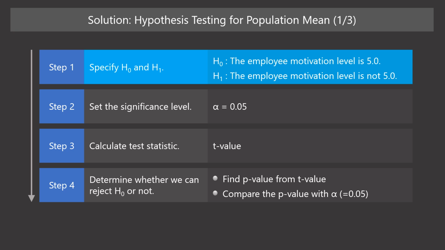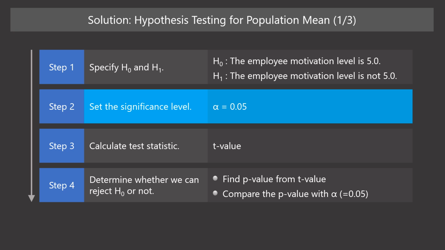The problem here is whether we can say that the employee motivation level is 5.0 or not. So, the null hypothesis is the employee motivation level is 5.0. And the alternative hypothesis is the employee motivation level is not 5.0.